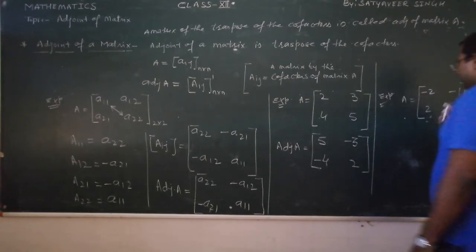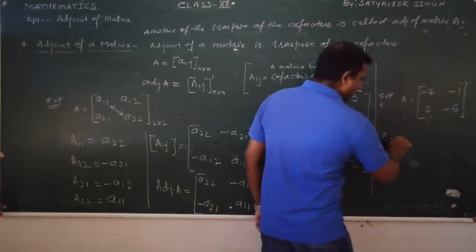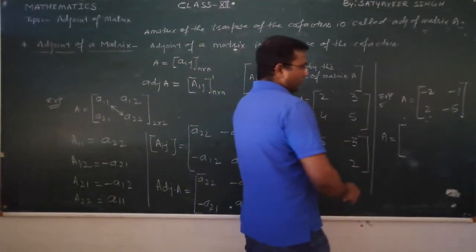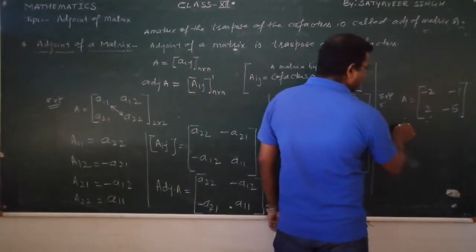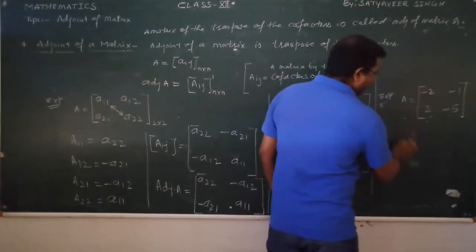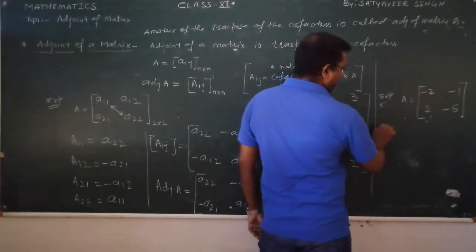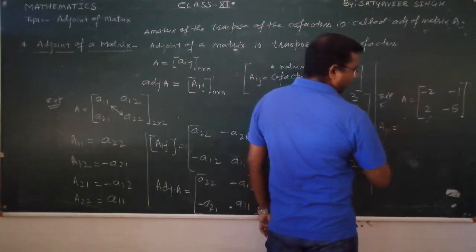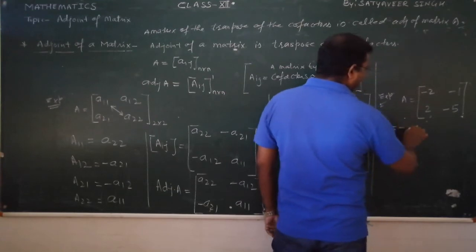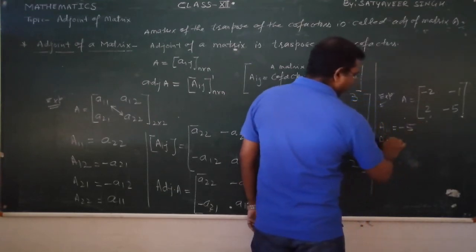So now we want to find out, we can easily calculate by the shortcut method. But suppose we are not calculating by the shortcut method, then what? We will have to find the cofactors, like what is A11. So A11 you will write, it is minus 5.